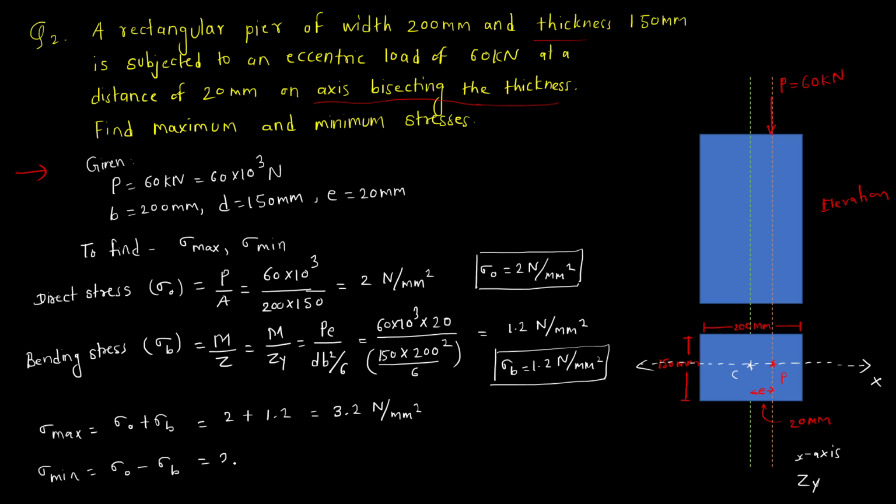Similarly, minimum stress, direct stress is 2, bending stress is 1.2, 2 minus 1.2 is 0.8 Newton per mm square. Now as both the values are positive, we can write it like this: 3.2 Newton per mm square compressive. Similarly, 0.8 Newton per mm square compressive.